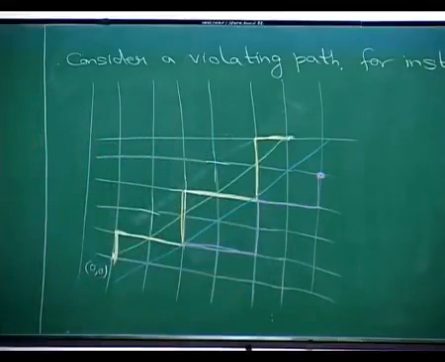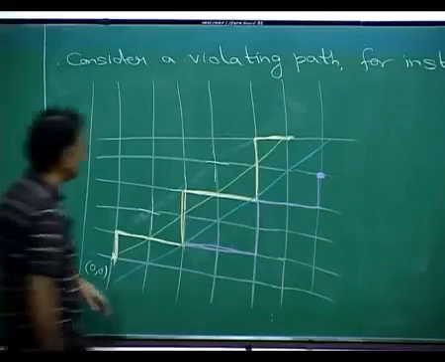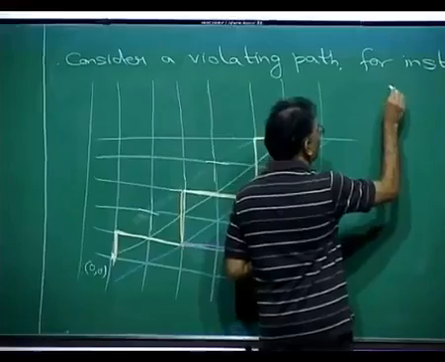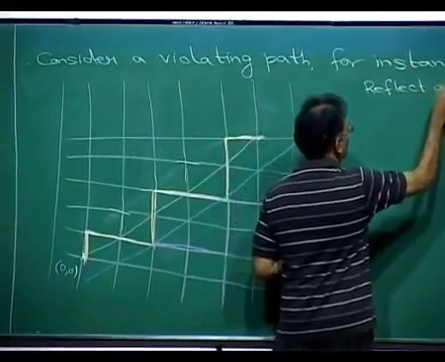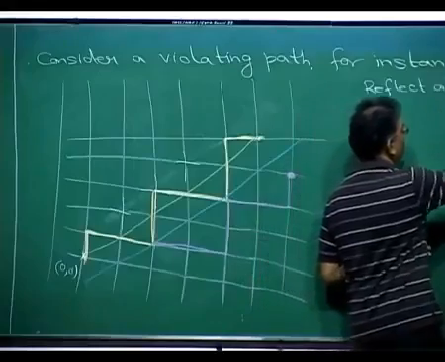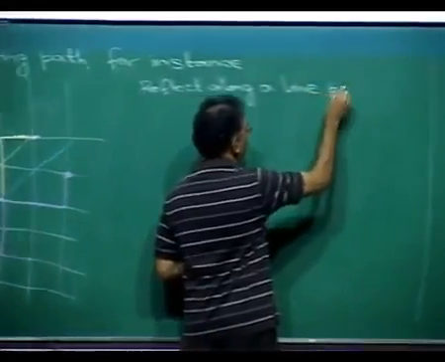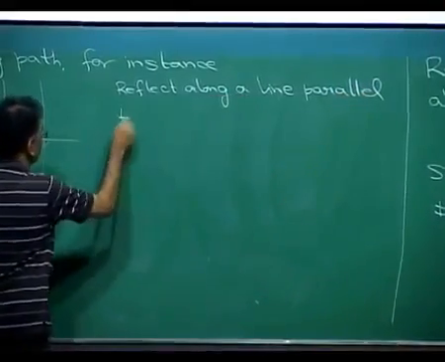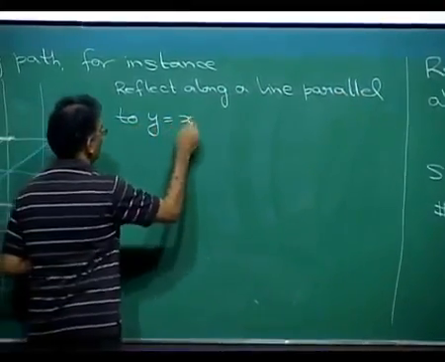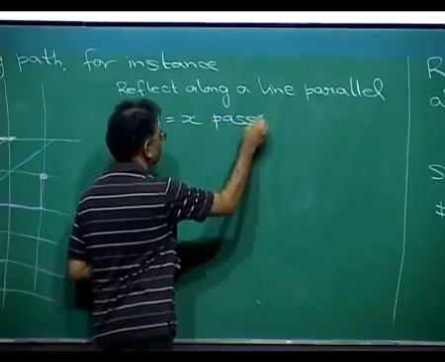Now, let's analyze this a bit more closely. So, consider a violating path. Reflect along a line parallel to y equals x, passing the first violating point.